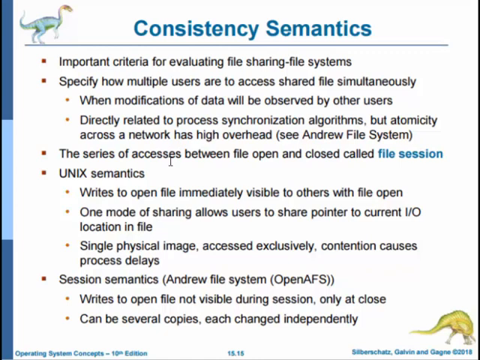Systems that attempt such a full set of functionalities tend to perform poorly. A full implementation of complex sharing semantics can be found in the Andrew file system, or the AFS.